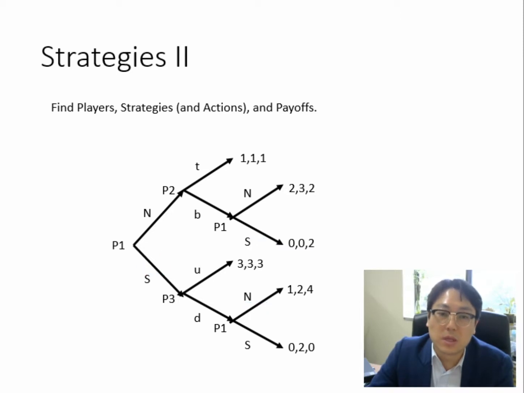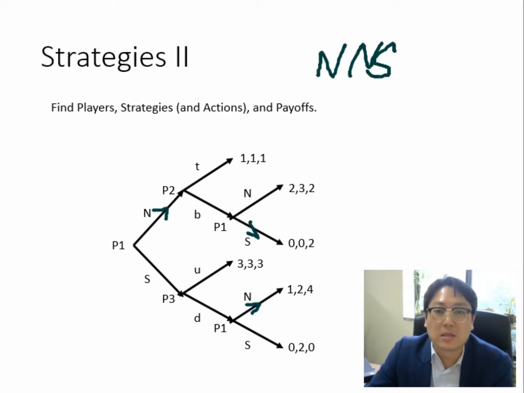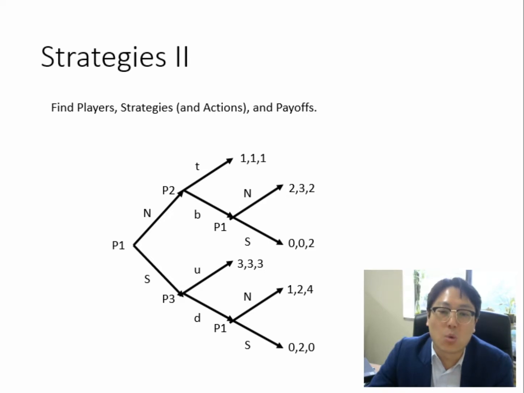Or maybe another example of a strategy: N, S, N, S. Then I'm asking, how many strategies does player 1 have now?